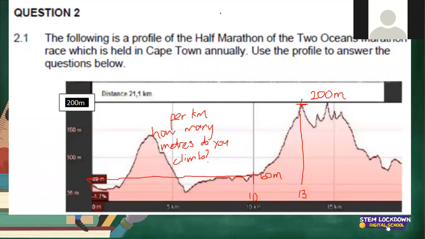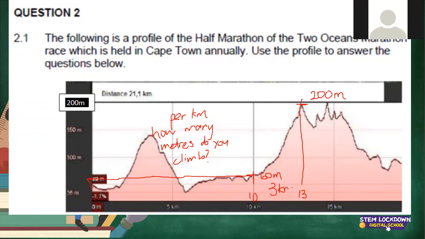Okay, this one is challenging. I don't know if you guys understand this question, right? But I basically want to know for every kilometer, how many meters do you climb up? We're looking at the steepest portion of the Two Oceans Marathon. We can see the difference between 10 and 13 is 3 kilometers.